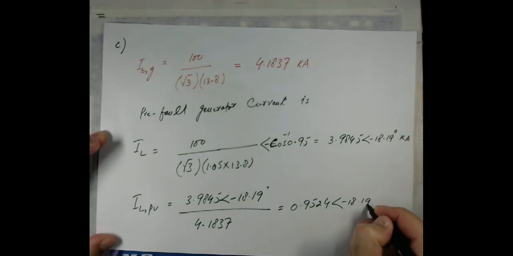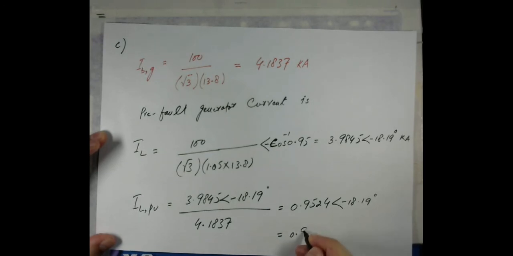So 0.19 degree, and in the rectangular form it will become 0.9048 minus j 0.2974 per unit, obviously per unit.